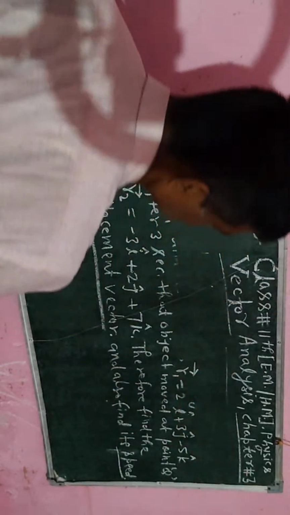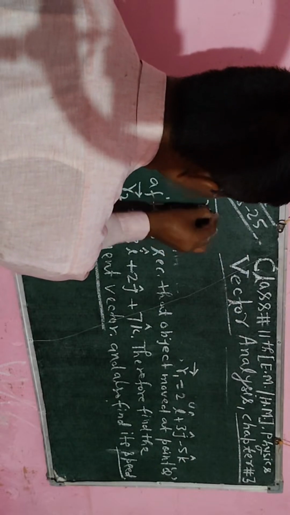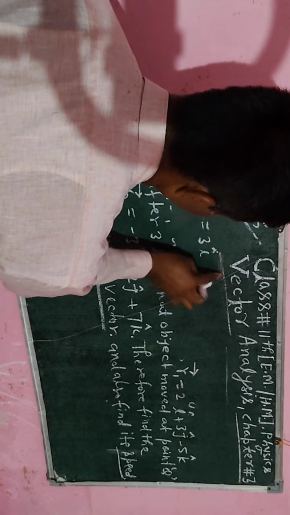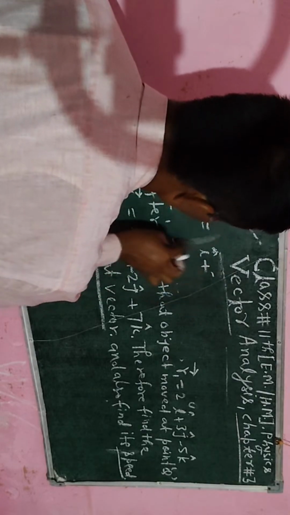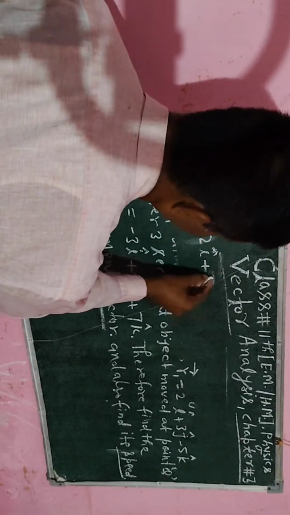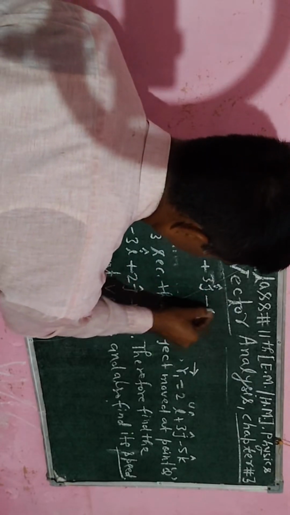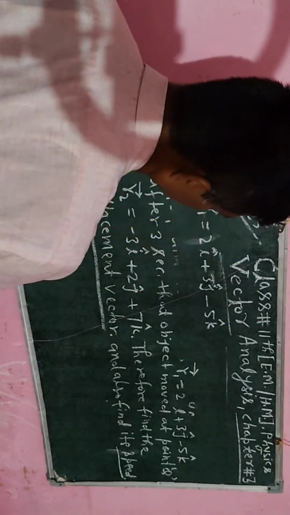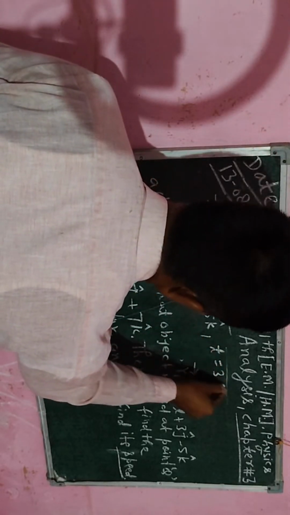Here I have to write the value of r1, whose vector value is 2 vector i cap plus 3 vector j cap minus 5 vector k cap. Now time is given, t is equal to 3 seconds. So I have to write this information.